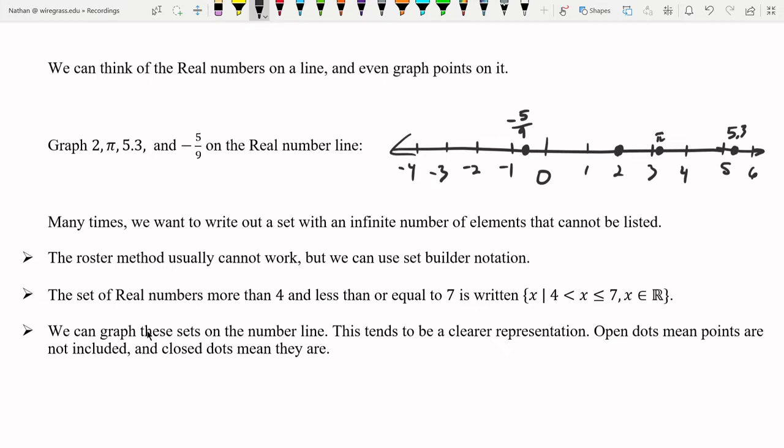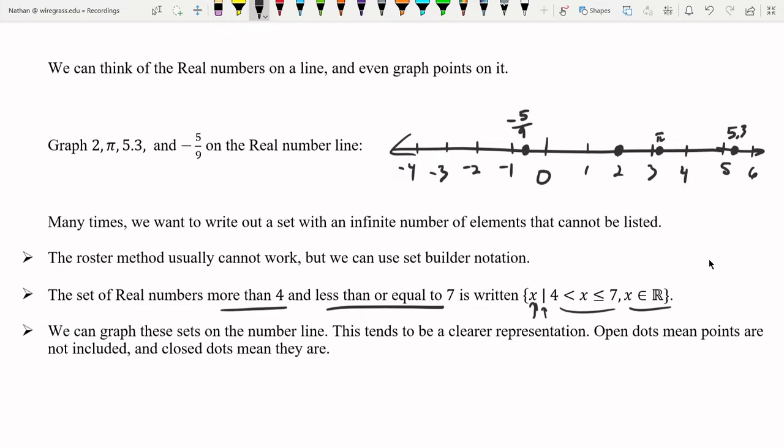So the set of real numbers that's more than 4, but less than or equal to 7, is written in this way. The set of x such that x is between 4 and 7. It cannot equal 4, but it can equal 7. And of course, we're talking about x being real numbers.